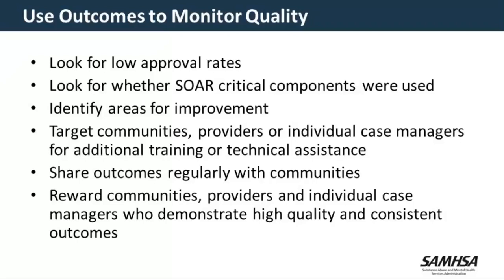There's all sorts of things that can be done to really celebrate the hard work that you all are doing. So it's another great way to use the outcomes in OAT.